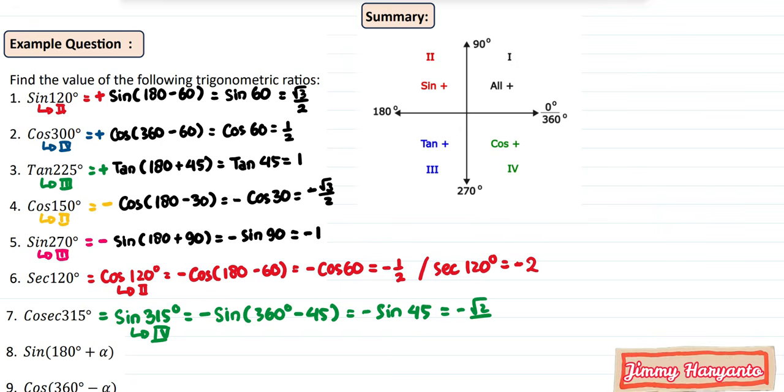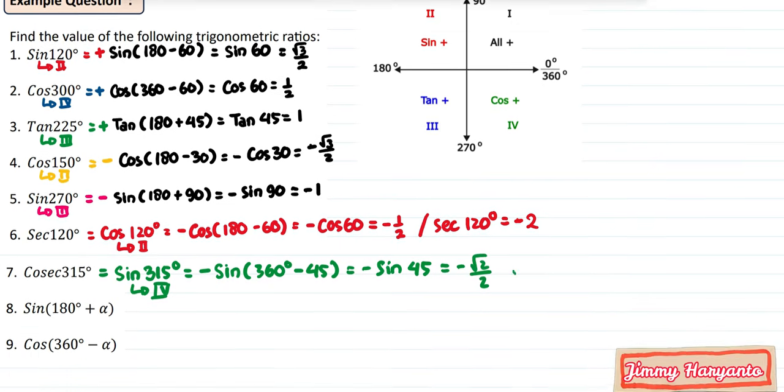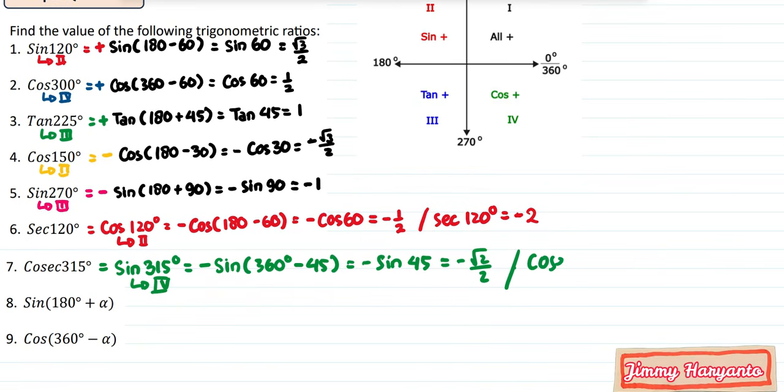And sine 45 is square root of 2 over 2. Okay, but this is sine, not cosecant. To find the cosecant of 315, you need to flip or reverse the numbers, like 2 over square root of 2. Don't forget to rationalize this. So the answer is negative 2 square root of 2 over 2. Because of this, the answer is negative square root of 2.